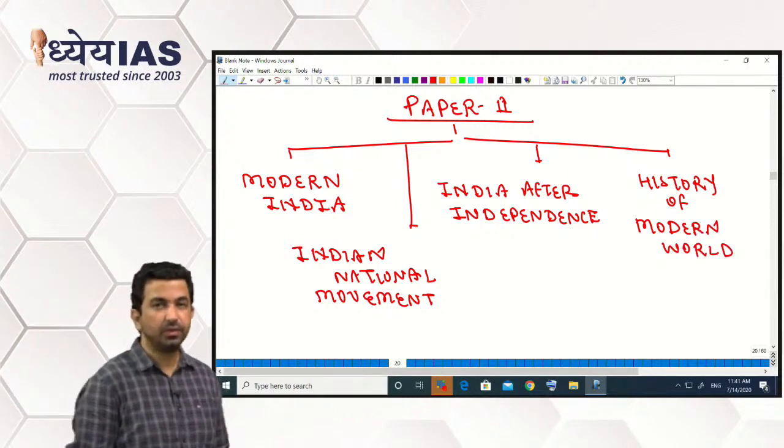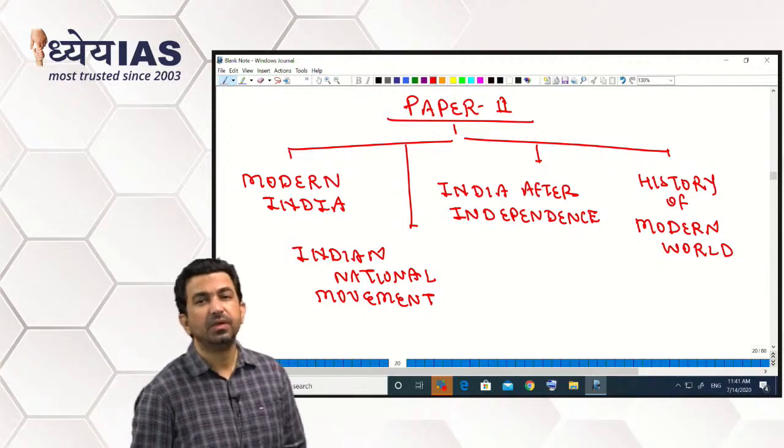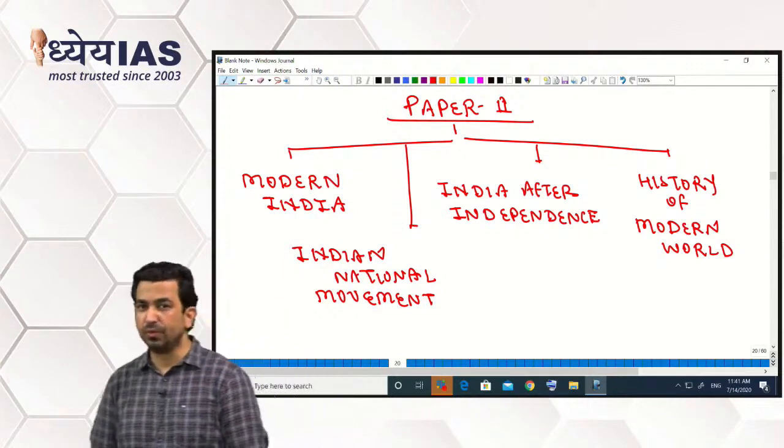So right now we are analyzing the syllabus of only paper 2, not paper 1.